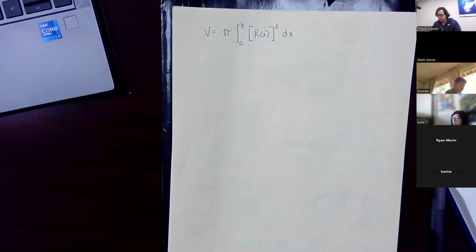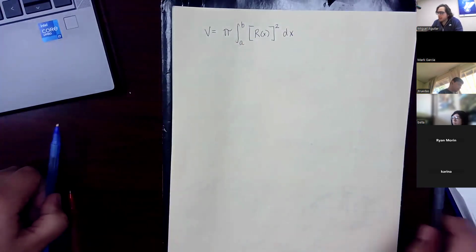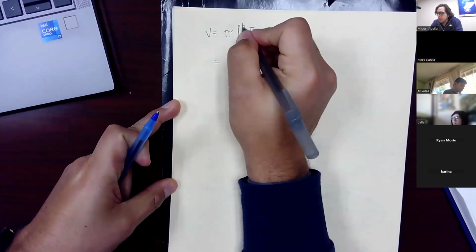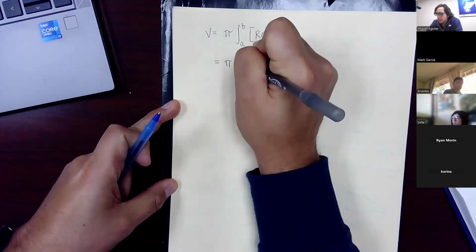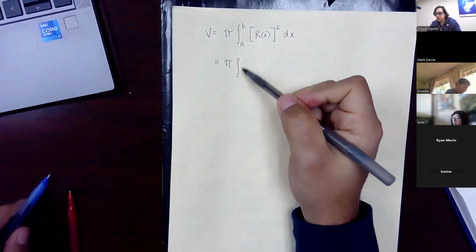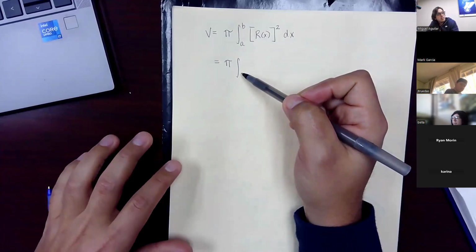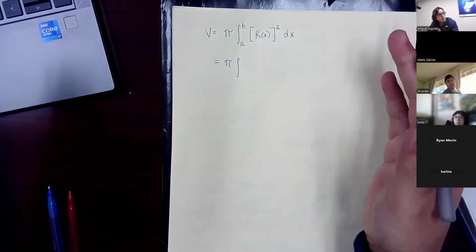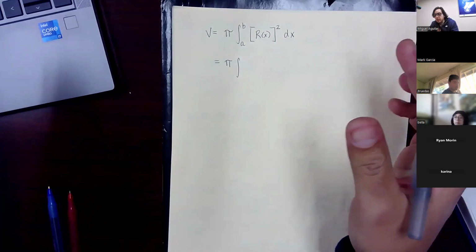Okay. So let's plug in what we determined to be the radius, and we'll look at our picture to see what those limits of integration are. So we have pi times, the limits of integration are, and I'm going to sort of pose this to you guys, from what x value to what x value to get the full shape. And look at the drawing that you made.